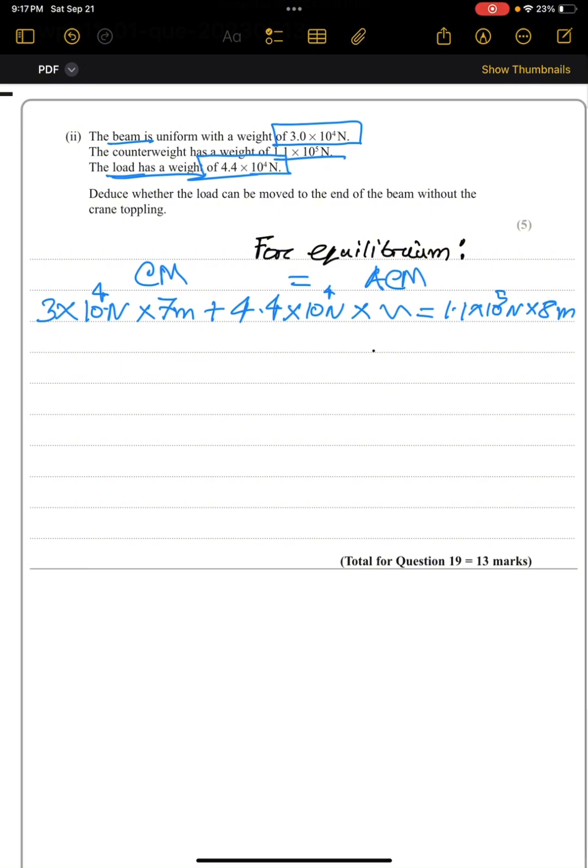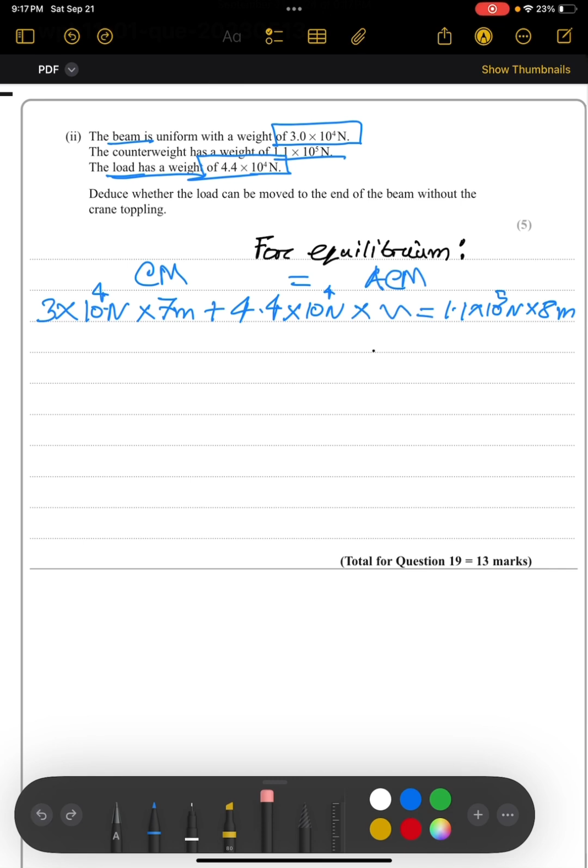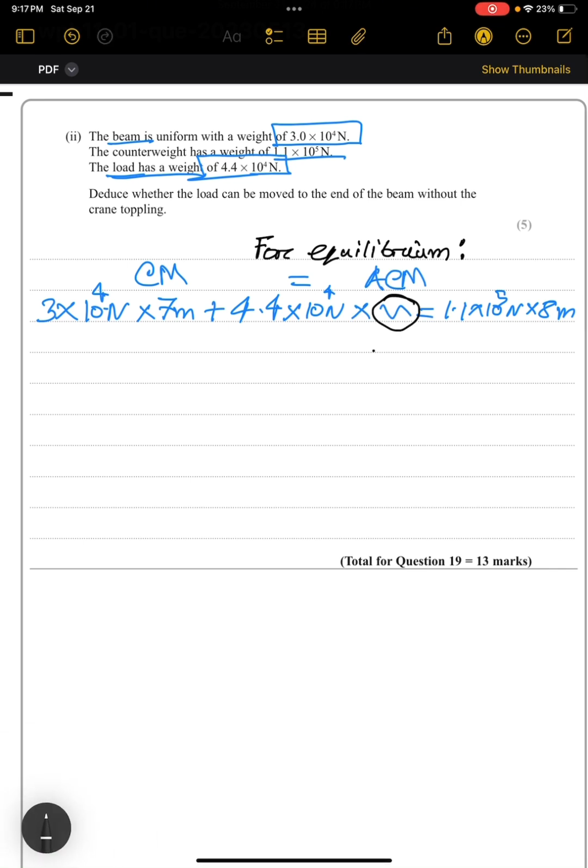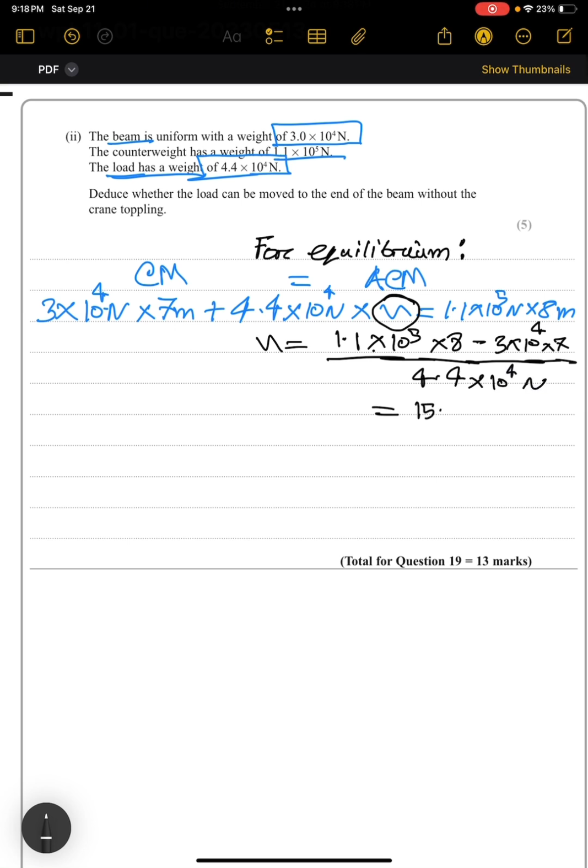So we have to find out this x. So this x will be 1.1 into 10 to the power 5 into 8 minus 3 into 10 to the power 4 into 7, divided by 4.4 into 10 to the power 4 Newton, which will be equal to 15.2 meter.